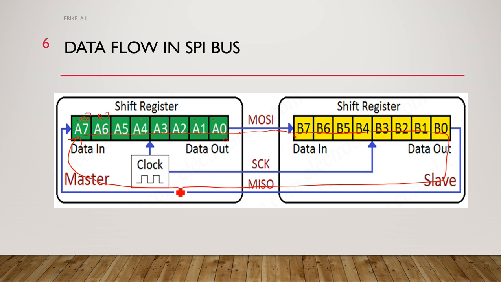So what makes the master is that the control is there. It is the one in charge of the control of data flow from the master itself to the slave. All right.